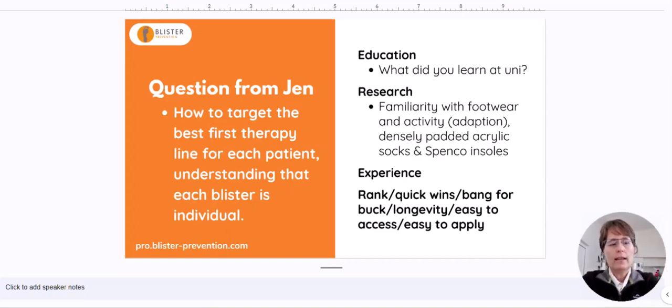I don't think that there's any other friction reduction strategy that lasts as long and takes up less room in the shoe and is effective and durable. So they really are great, but I'm going to stop talking about that now. But anyway, that's my opinion on ranking blister preventions.